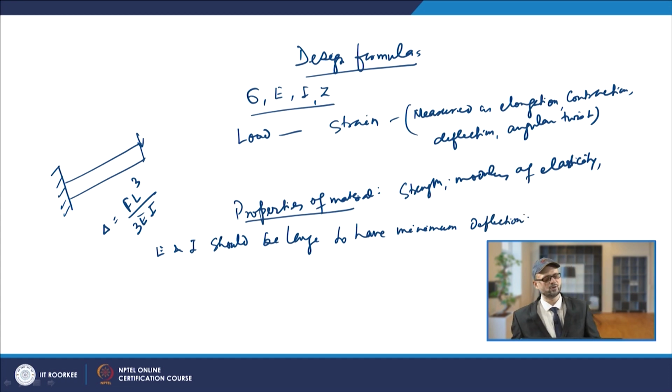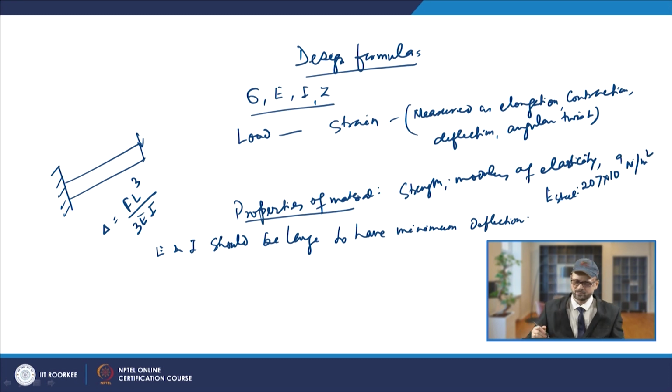If you talk about the value of E for steel, it will be something like 207 times 10 raised to the power 9 Newton per meter square. So that is the value of E.